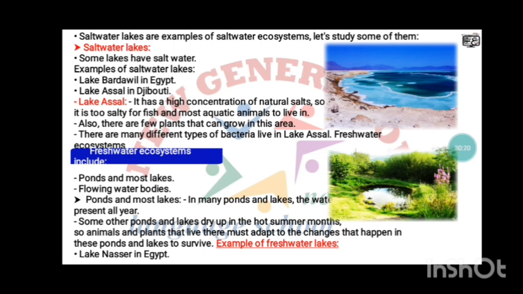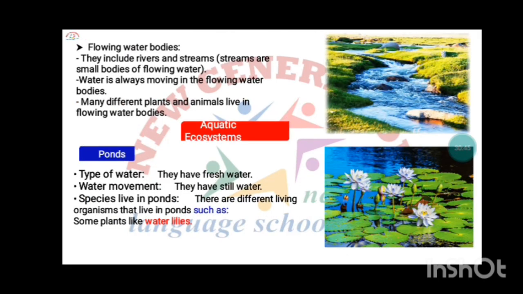For example, Lake Nasser in Egypt is an example of a freshwater ecosystem. Lake Bardawil in Egypt is salt water, and Lake Assal in Djibouti is salt water, but Lake Nasser in Egypt is fresh water. Excellent.